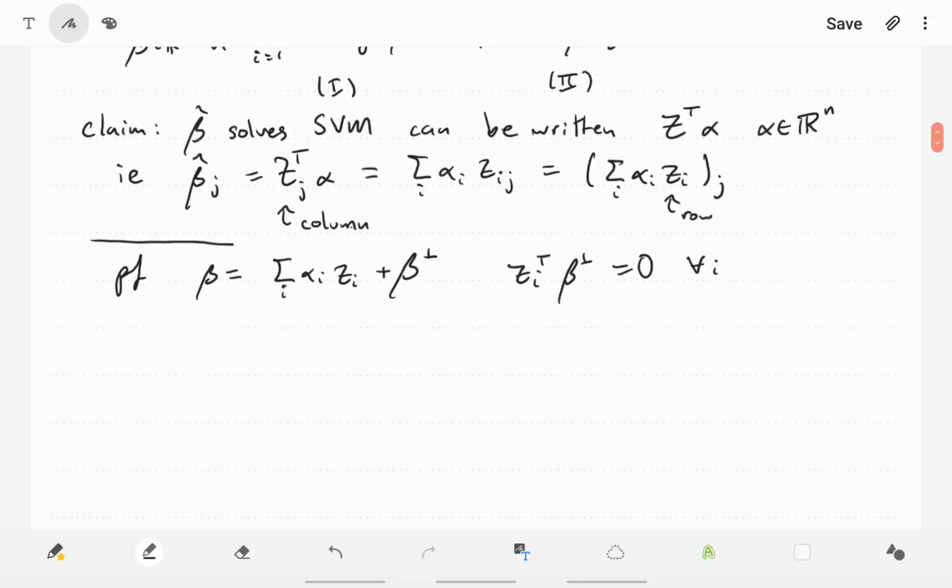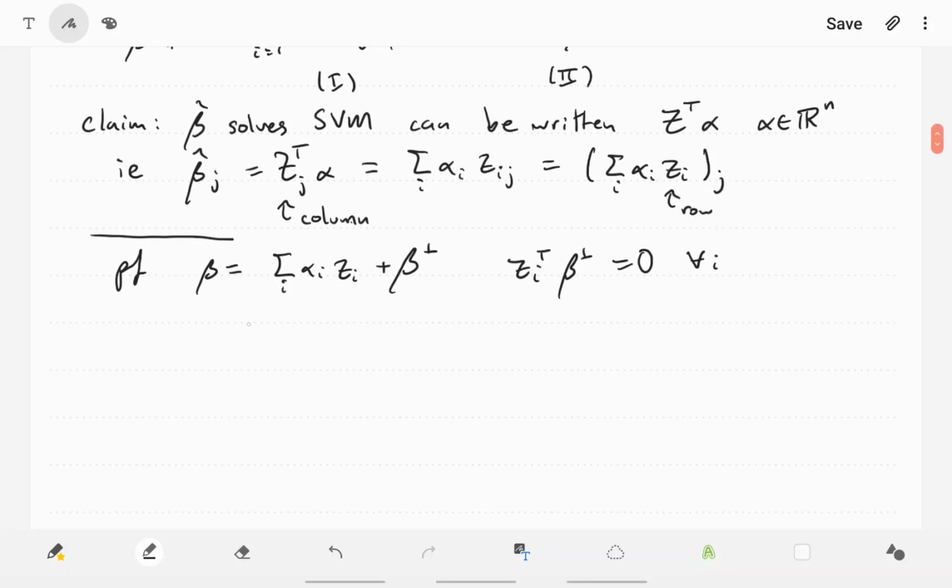We can do this because the span of the zi's, i going from 1 to n, is some subspace in Rd, right? And so we can decompose any vector as one component which is in the subspace and another component which is orthogonal to the subspace. This can be done for any vector, and it can be done for beta as well.